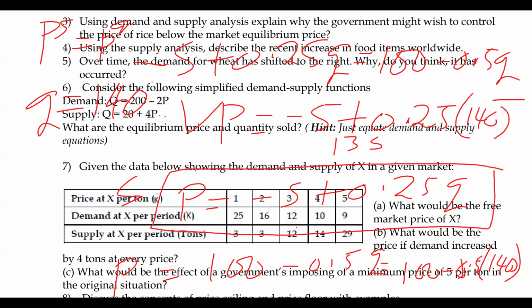Have you done 0.5 times 140? 0.5 times 140 is giving us 70.